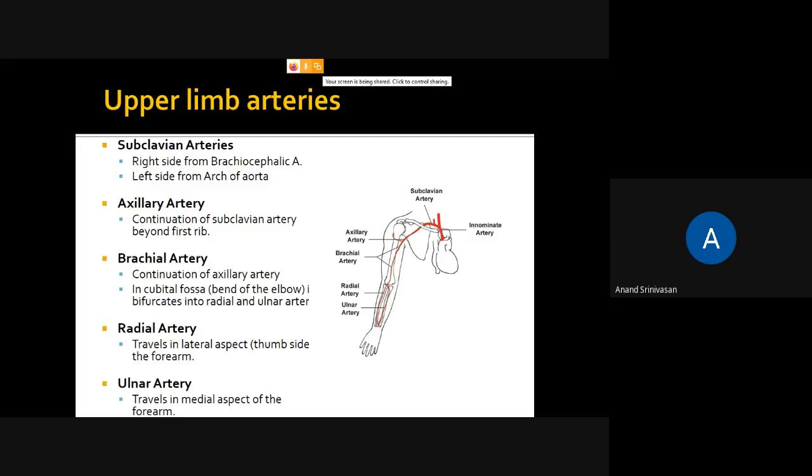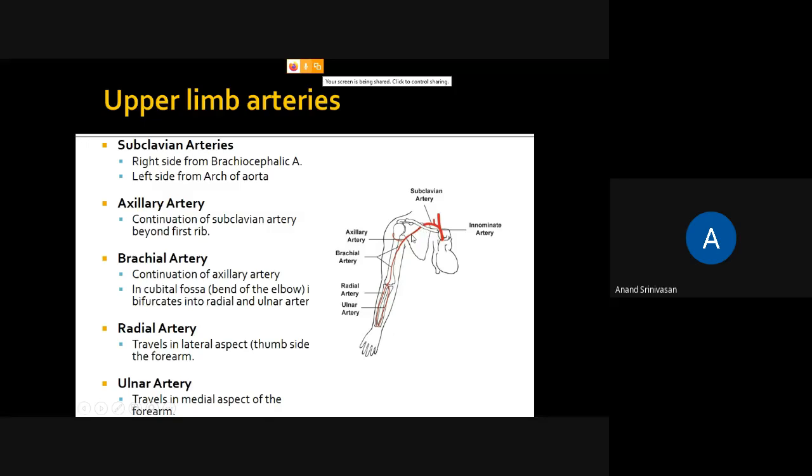Now, why is this called the subclavian artery? You know there is the clavicle bone. Since this passes below the clavicle, it is called the subclavian artery.